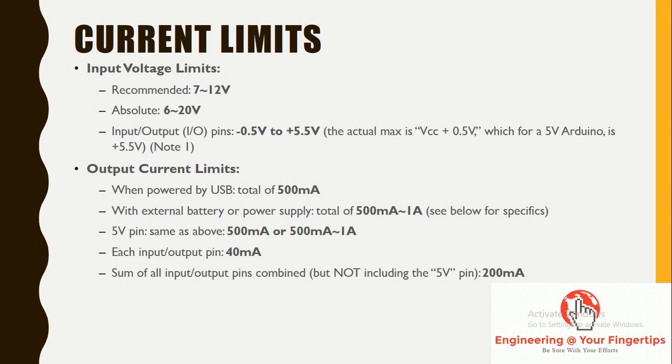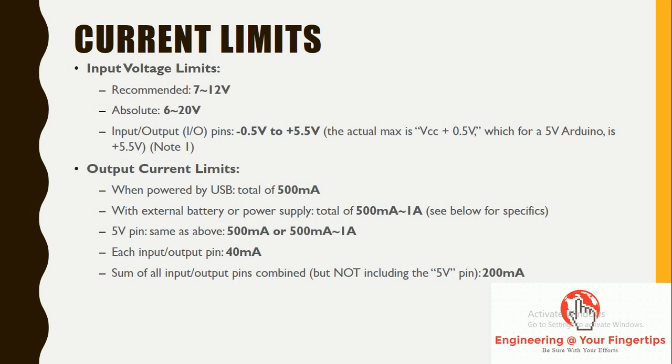Now you also have to think about current limits on the other side, on the supply side. The regular Arduino pins, besides the power and ground pins, can only supply 40 milliamps. Remember this one: regular pins can only supply 40 milliamps. So if you are driving something that needs more than that, you may have a problem.